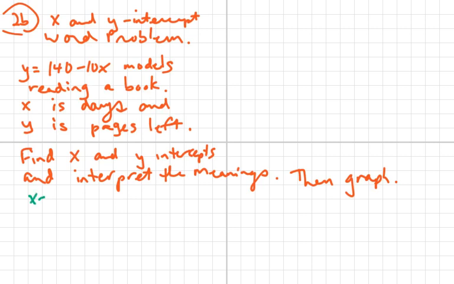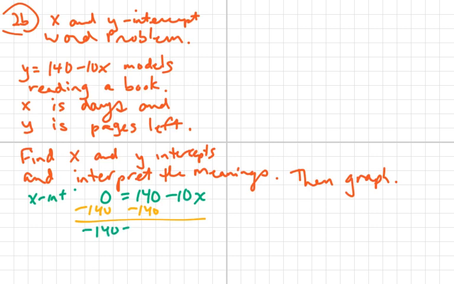So for the X-intercept, again, we're going to set Y equal to 0. So we have 0 equals 140 minus 10X. So minus 140 to both sides. -140 equals -10 times X. We're going to divide both sides by -10.